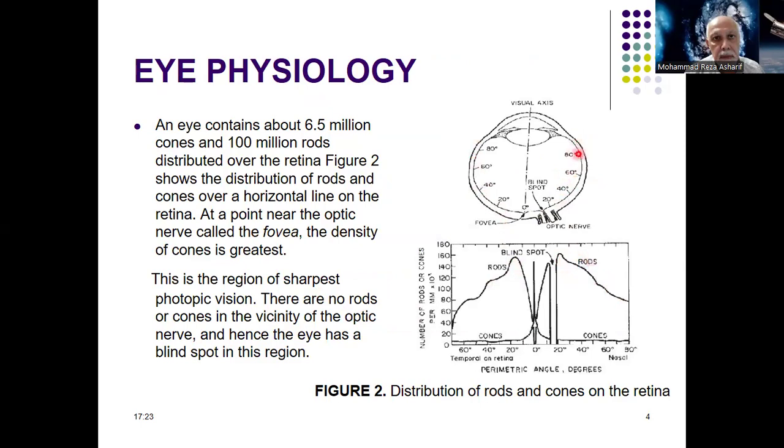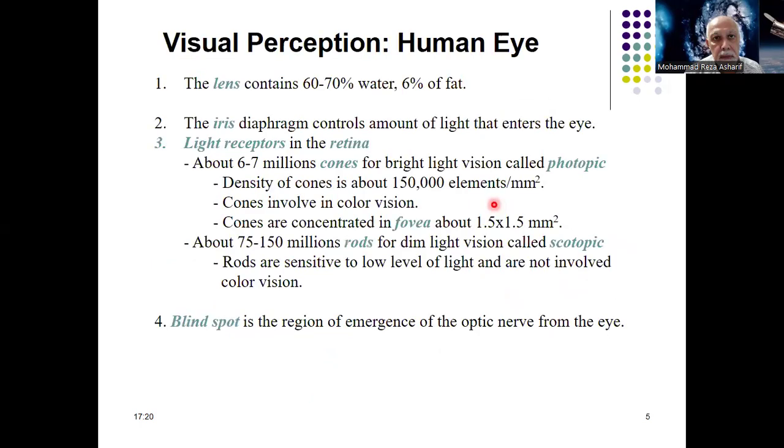There are more rods here. In the fovea there are fewer, but anyway, here is a very high level of rods, so that's why it can sense dim light, but not color.